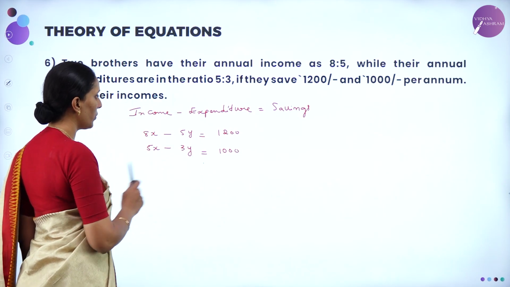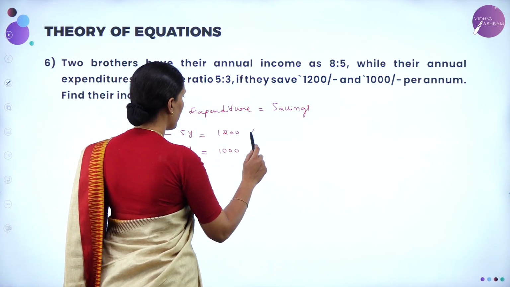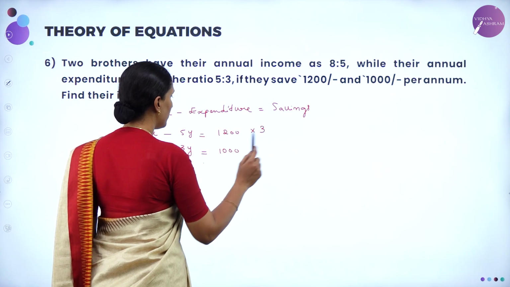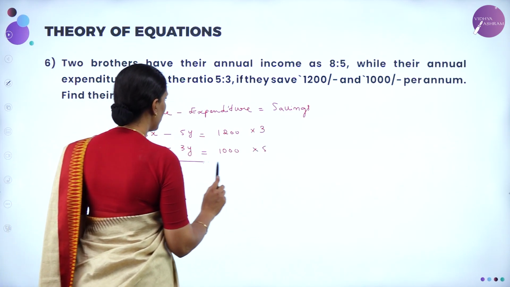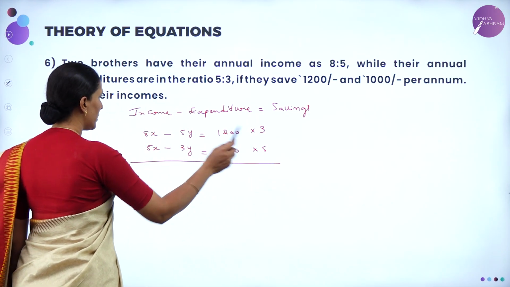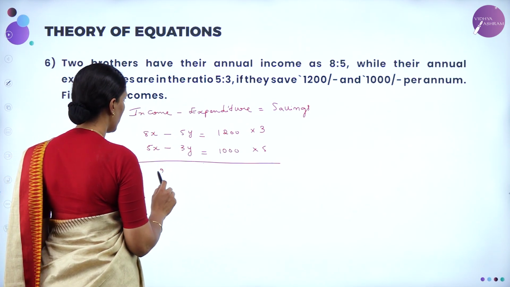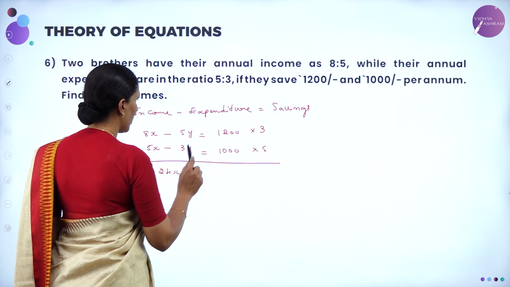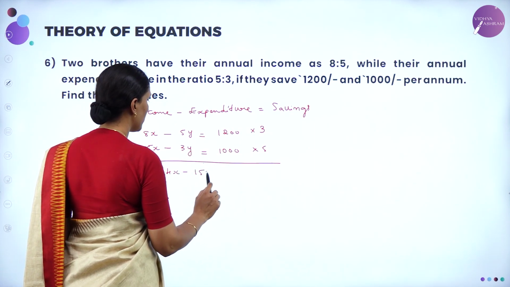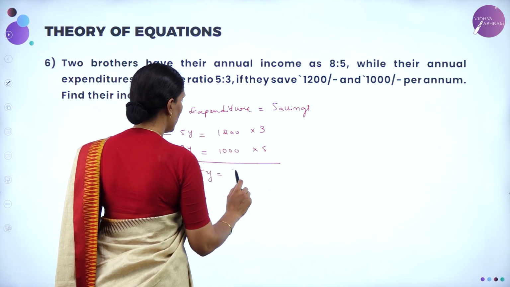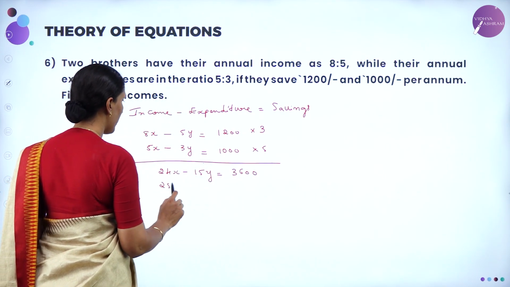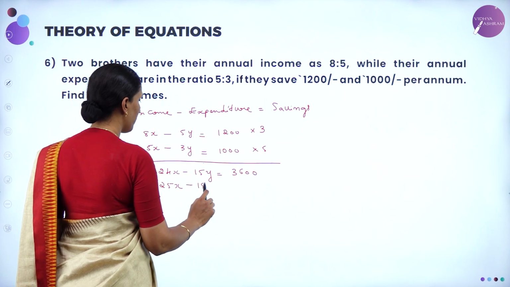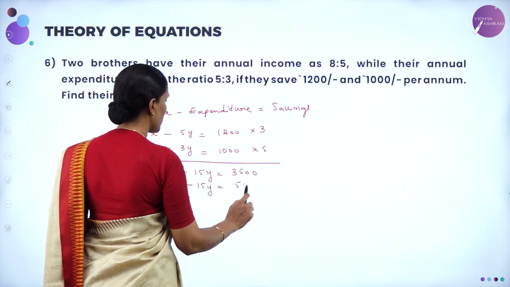Now here we have two equations. So let me multiply by 3 here and let me multiply by 5 here. I am using the method of elimination here. So 3 8s are 24, 5 3s are 15, is equal to 3,600 here. And here 5 5s are 25, 5 3s are 15, 5,000 here.